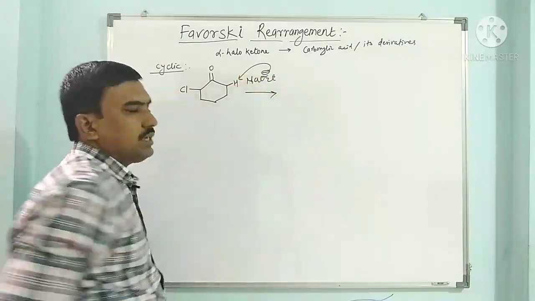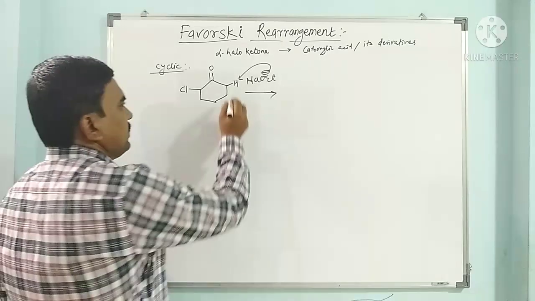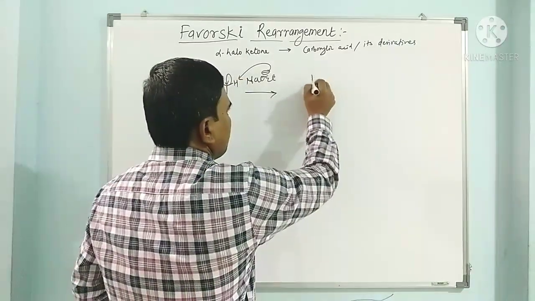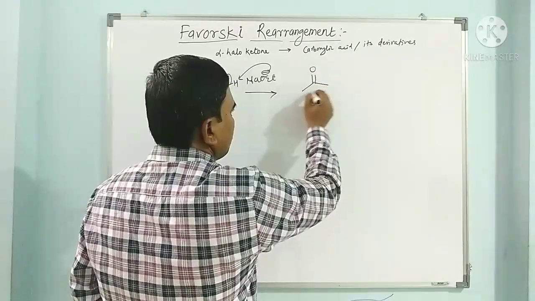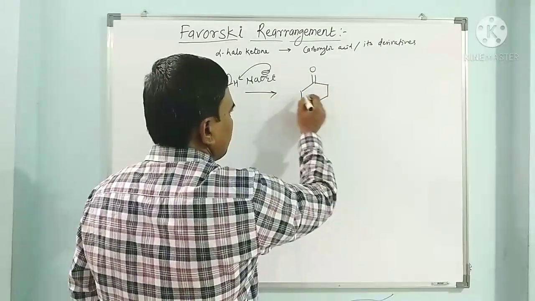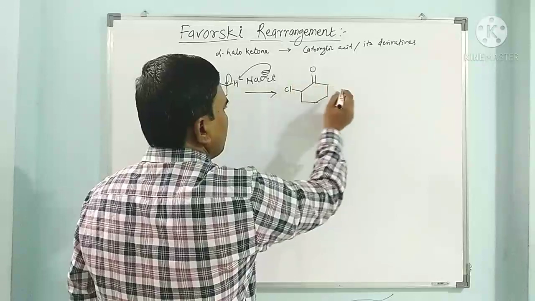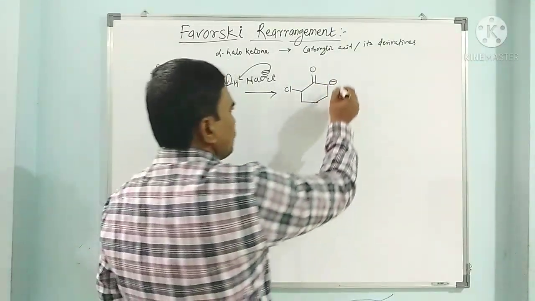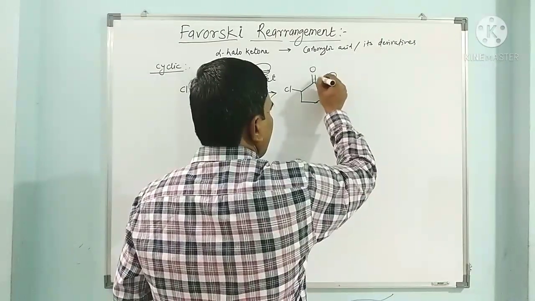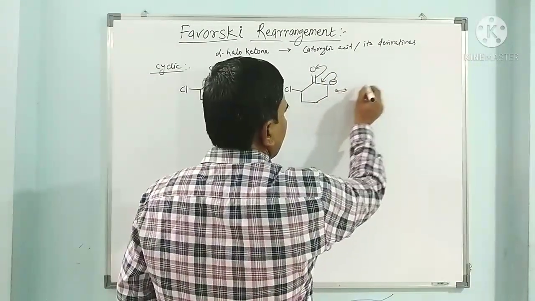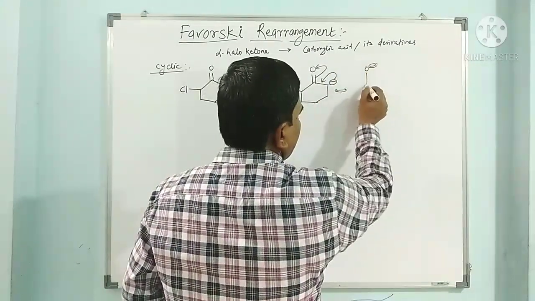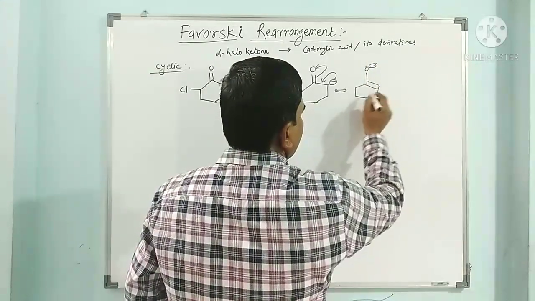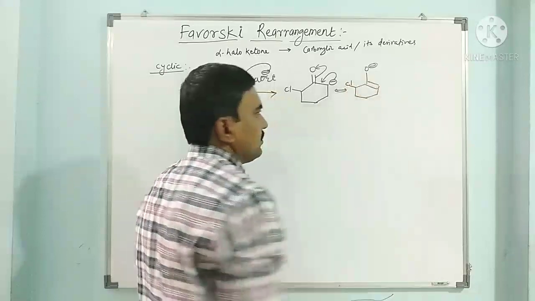Now here this proton, this alpha hydrogen, is abstracted by the base, and the carbanion is generated. So we get here this carbanion, this is here Cl, here there is the carbanion. This carbanion undergoes enolate formation, O minus, here there is the enolate, Cl.